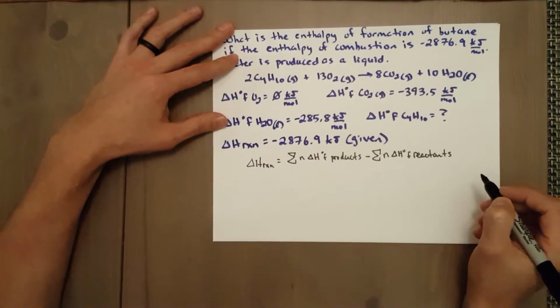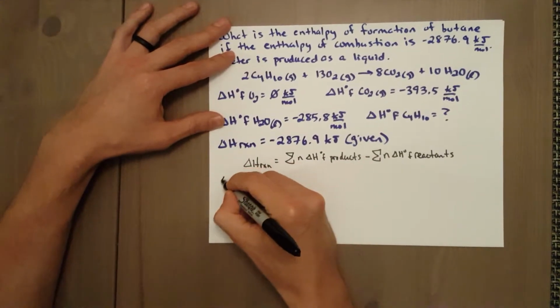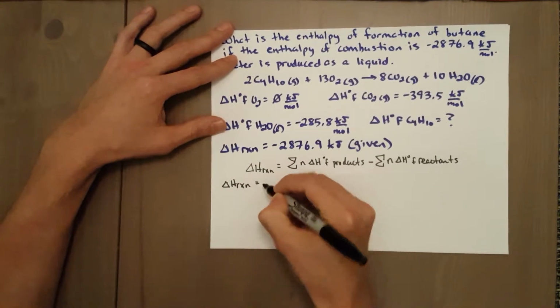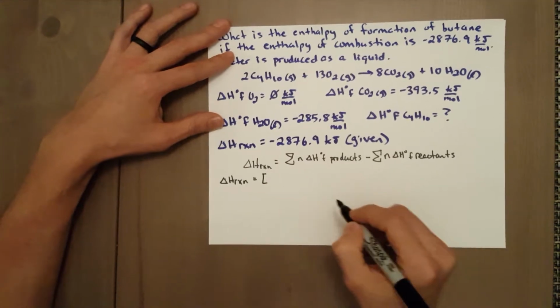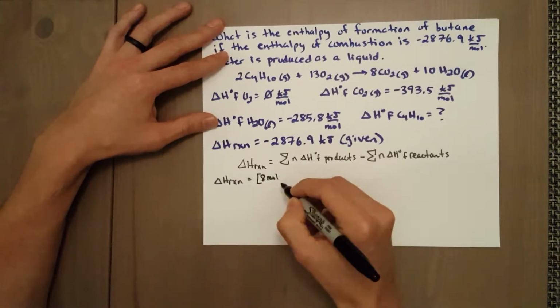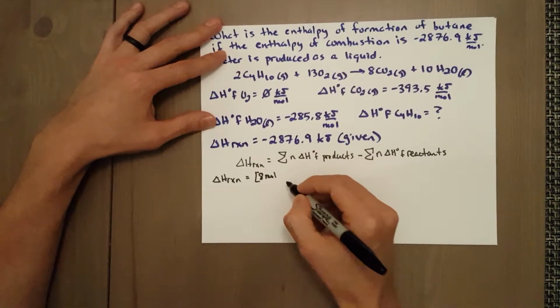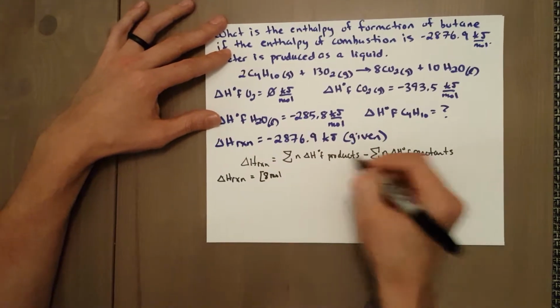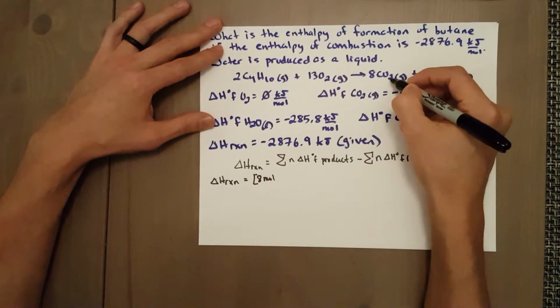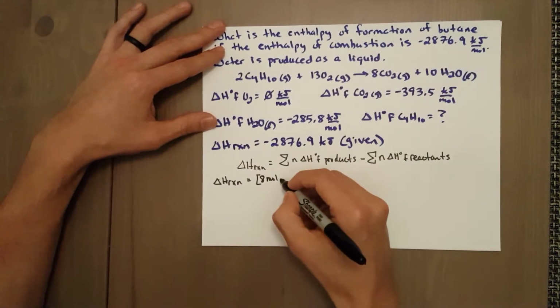Now we can start plugging things in. Before we start plugging values in, we'll look at the molar coefficients and the enthalpies of each of the products minus the reactants. So 8 moles from the balanced equation as our first product, CO2.